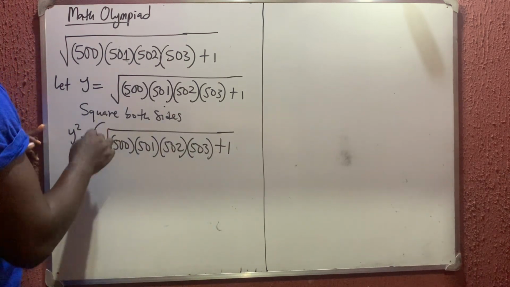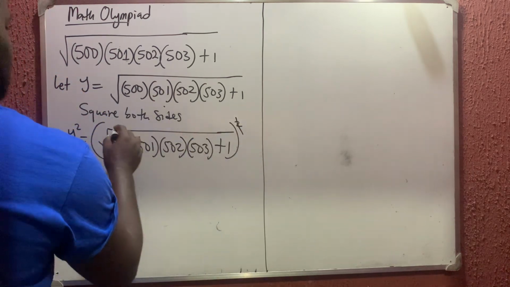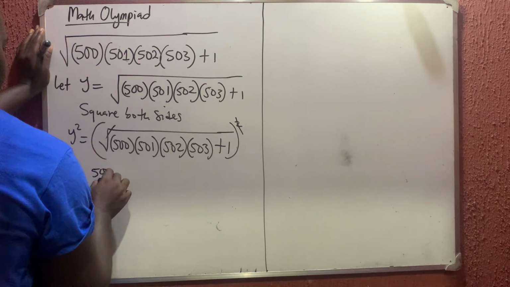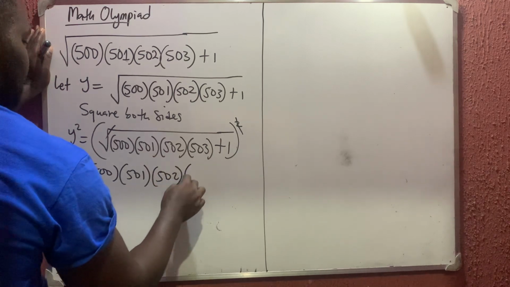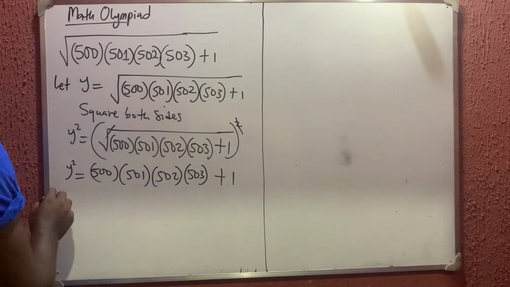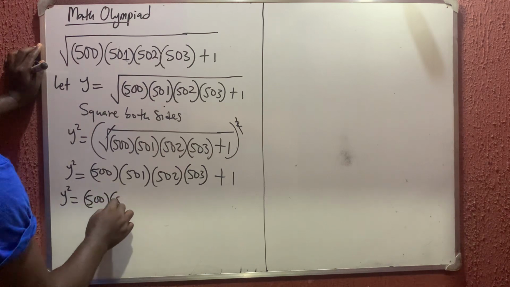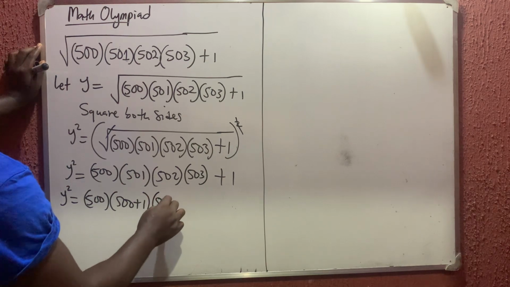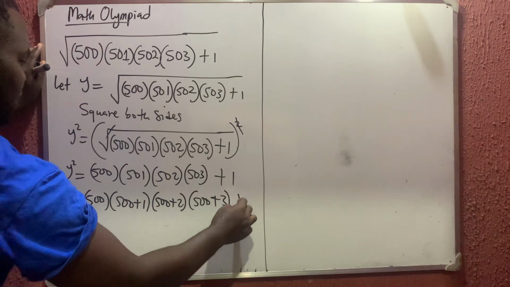All squared. Now believe you me, square is the opposite of square root, so this takes care of this. I'm having that y squared is equal to 500 multiplied by 501, multiplied by 502, multiplied by 503, then plus 1. This is the same as saying y squared is equal to 500 in bracket of 500 plus 1, which gives 501, in bracket of 500 plus 2, in bracket of 500 plus 3, then plus 1.